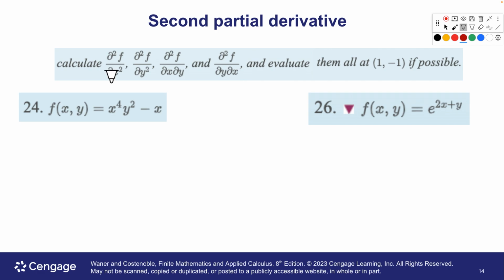Now they want us to calculate, they use this notation. Again, I like to use the notation for this one. This is the partial of x with respect to x. Notice x has been both times. This is the partial of y with respect to y. This is the partial of x with respect to y.